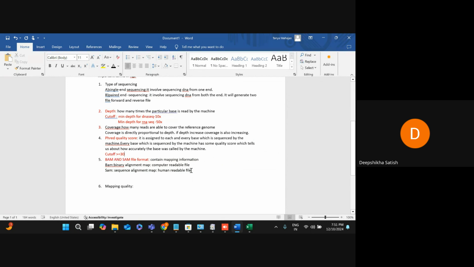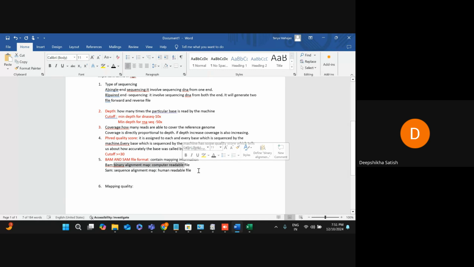Whenever you want to read the file, if I want to know what content is present in my file, at that time you should have the SAM file, right? But this SAM file is not readable by the tools or the computer. So at that time you have to convert this SAM into the BAM file. Why? Because it will contain the binary file that will be readable by the computer.